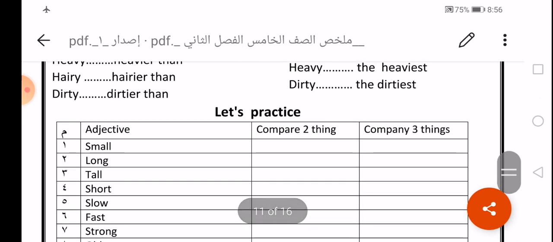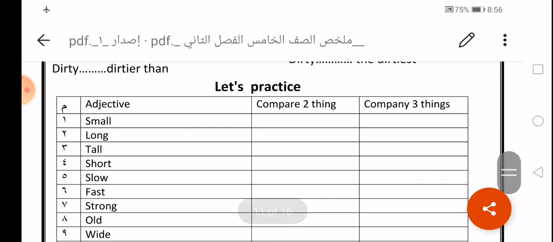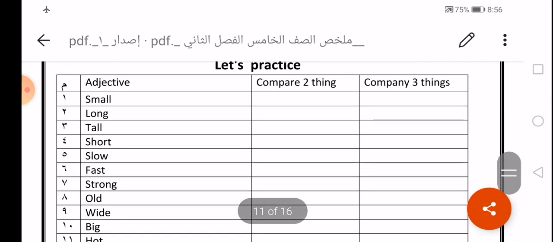Here we have adjectives we need to practice. Small. Comparing between two things, smaller. We are going to add er. Between three, smallest. We are going to add est. Long, longer, longest. Tall, taller, tallest. Number 4, short, shorter, shortest.